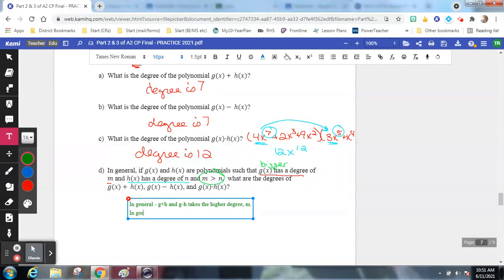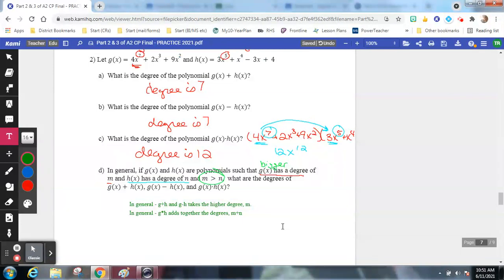And then in general, multiplication, g times h, adds together the degrees, which would be m plus n. Okay, so again, you just need to know that adding and subtracting, whatever your biggest exponent is in both polynomials, that's the one that you're going to use. And when you multiply, you add them. Okay, so this is a really quick and easy one. There's not a lot of work to do, but you do have to make sure you can explain it.